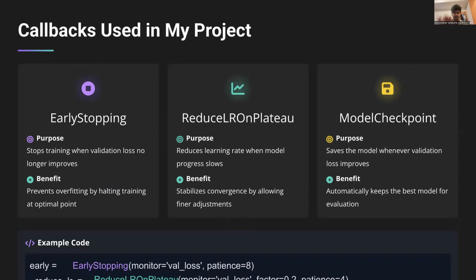The reduce LR on plateau callback will gradually lower the learning rate when the model improvement slows down, which helps it learn subtle radiomic features more efficiently. Finally, the model checkpoint callback will save the model weights every time it achieves a better validation performance, allowing us to always retain the best version of what we have tested.